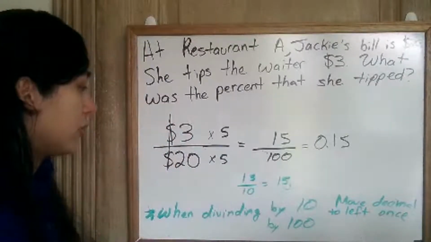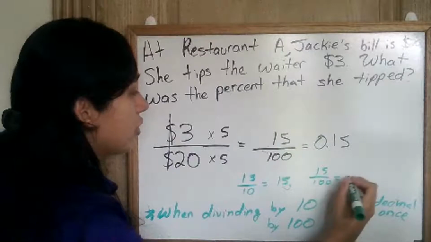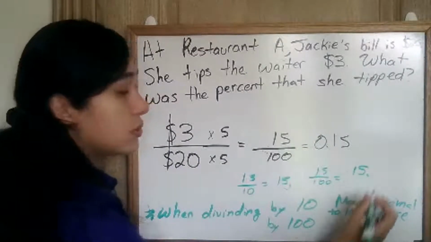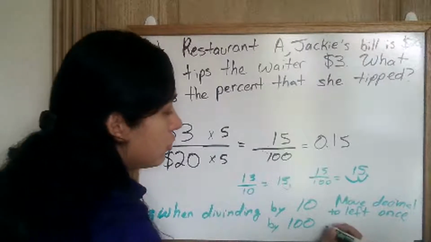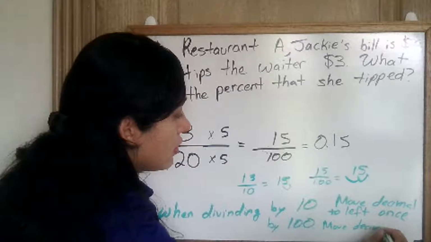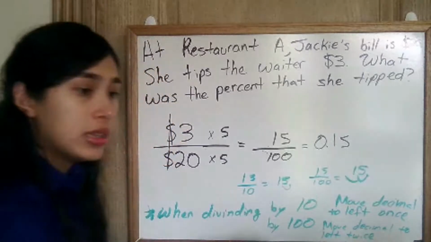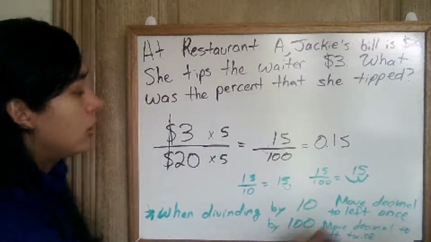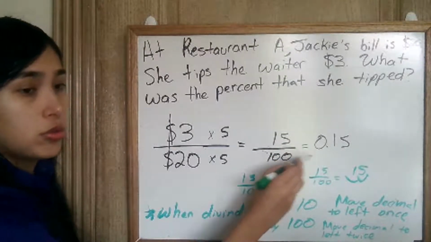However, if we are dividing 15 by 100 like we're doing in this situation, the decimal point is here, and we're going to move it twice to the left. So knowing that background information, we turn 15 divided by 100 into 0.15.